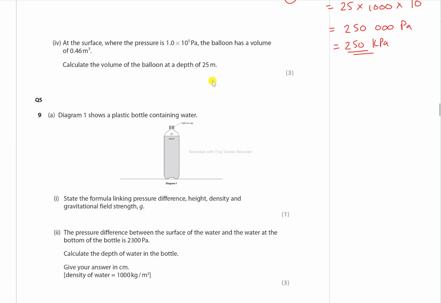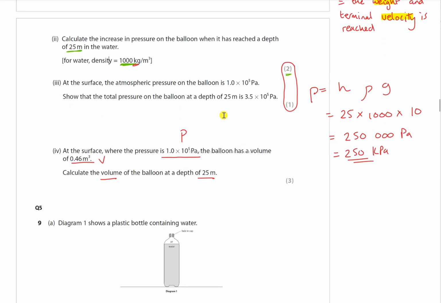Right, at the surface, the pressure is that, and the volume is, calculate the volume of the balloon at a depth of 25. Right. At the surface, no, I've missed a question, haven't I?